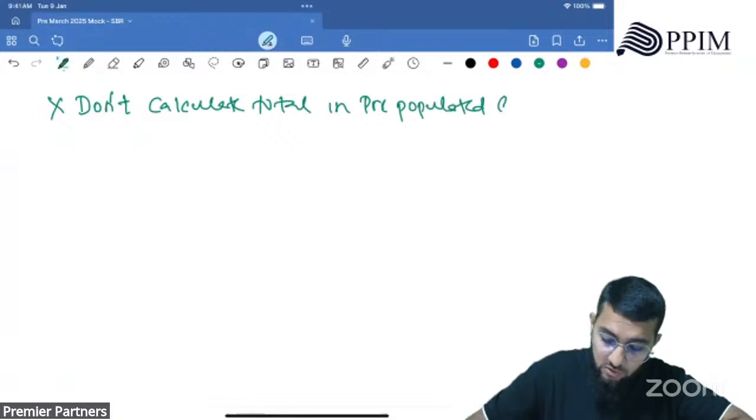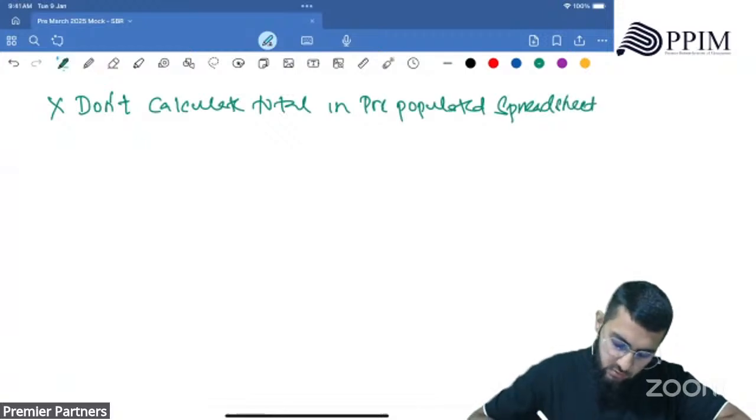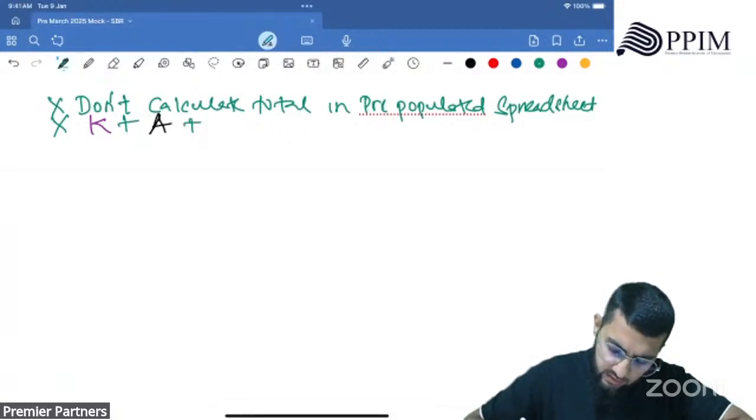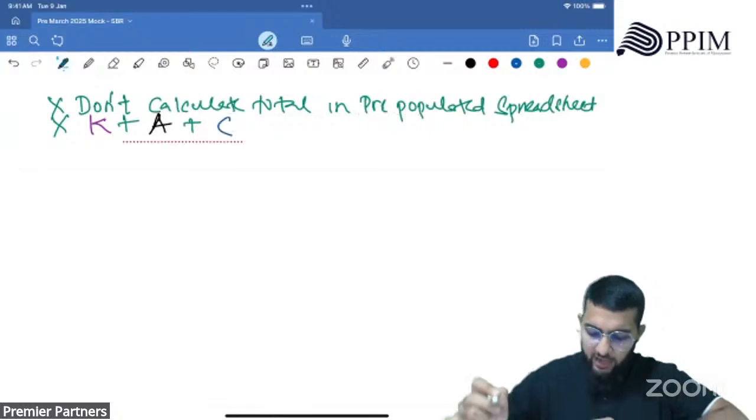Reiterating what I told: follow knowledge plus application plus calculation or correction. Right? Calculation or correction.